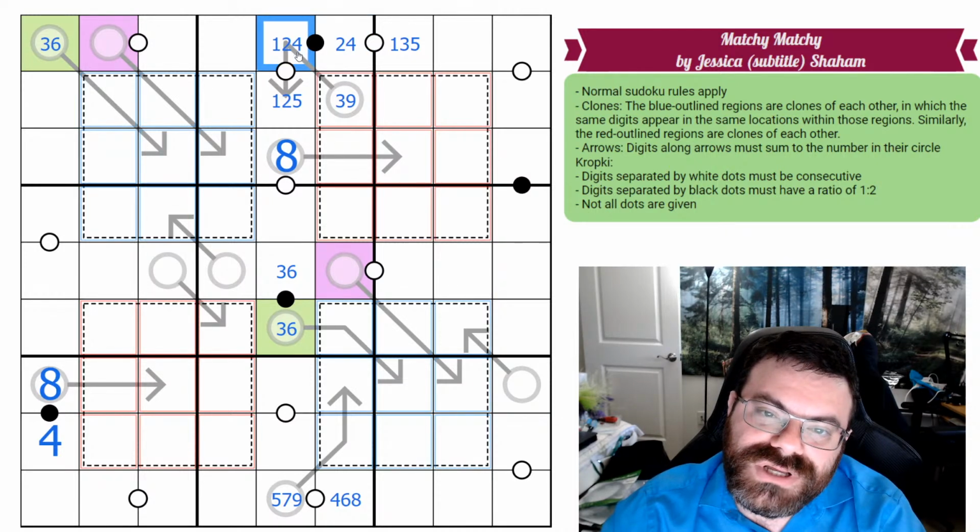Oh, but this can't be 1 because these would both be 2. So that's a 2, 4 pair, so that's not 2.